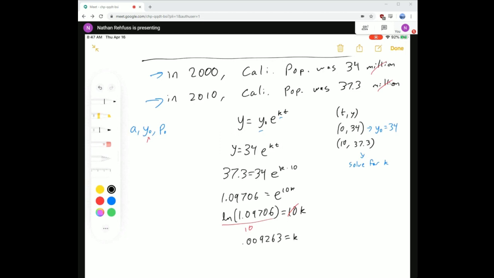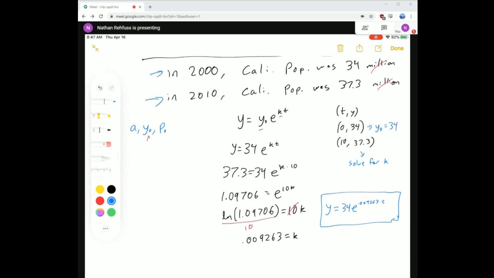And now we have a model. Now our model is, whatever the population is, it'll be 34e to the 0.009263 times t.